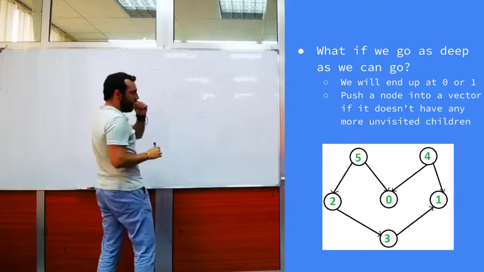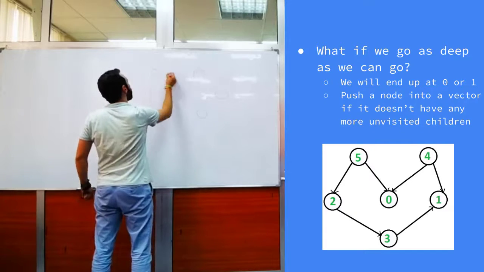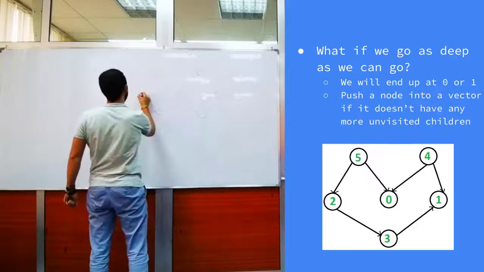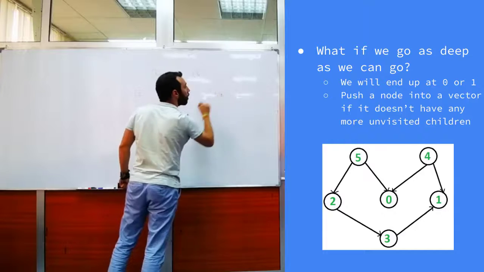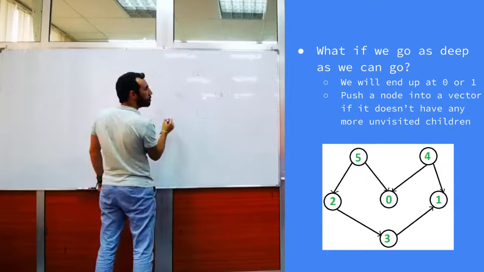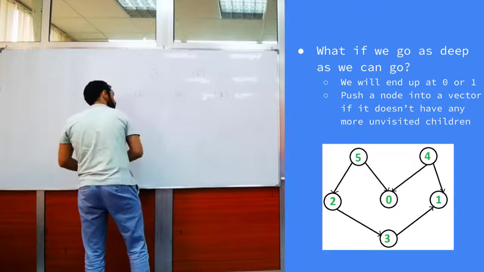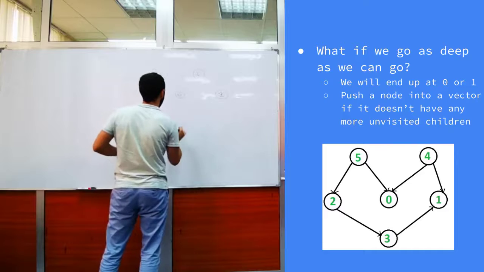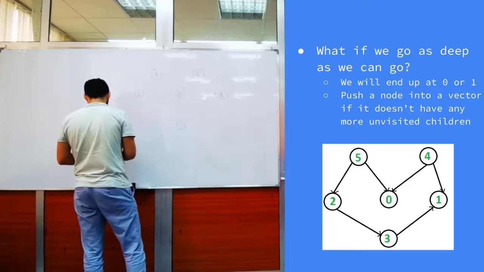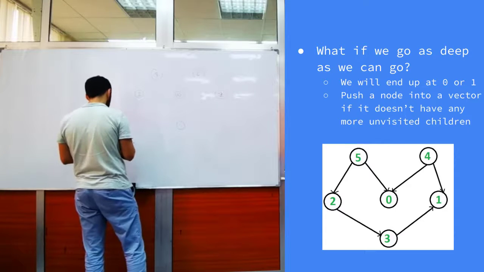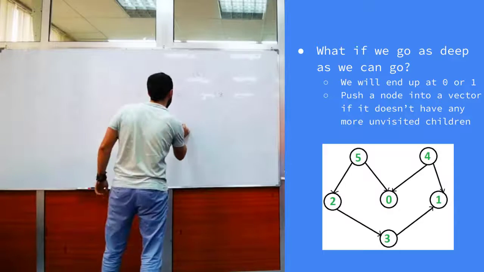And their numbers are 5, 4, 2, 0, 3, and 1.